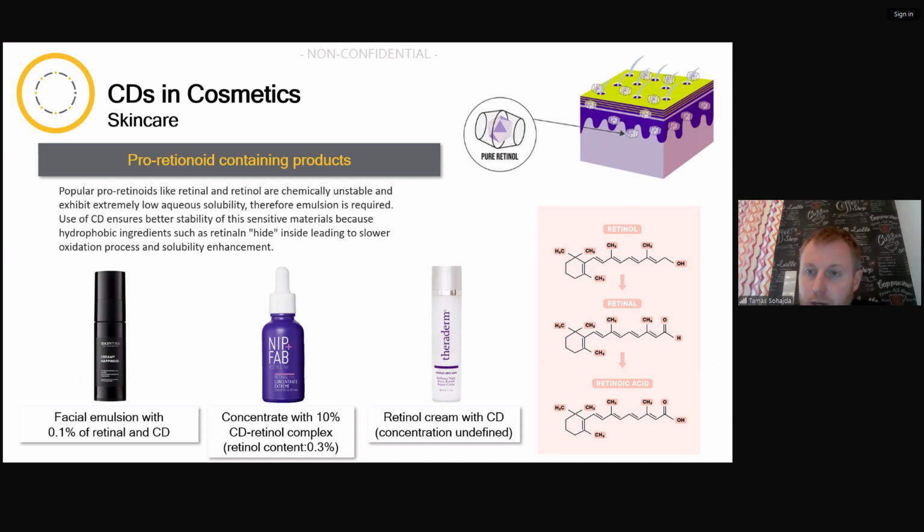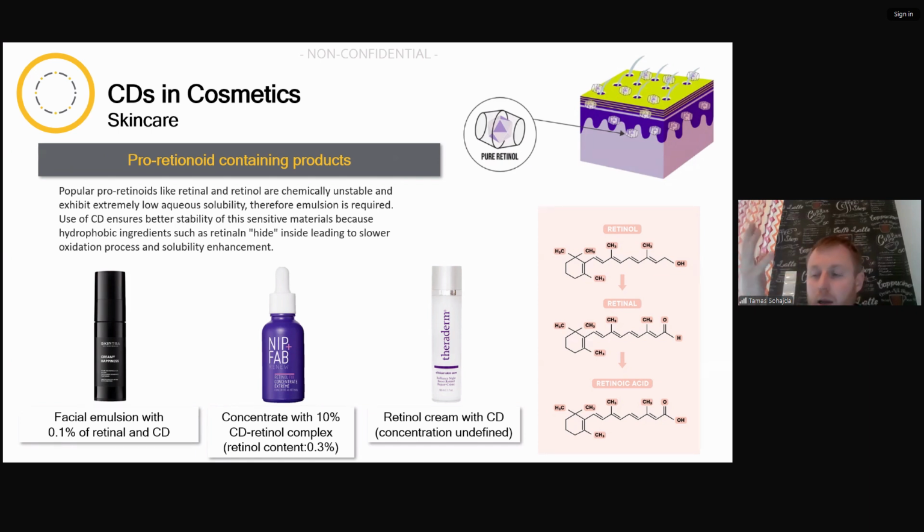As I promised, encapsulating vitamins, retinoids are a very typical example. And of course, if you just look at the structure, you can see that they are really ideal molecules for cyclodextrin encapsulation. Here in this case, it's more chemical stabilization, which is the purpose apart from bioavailability.